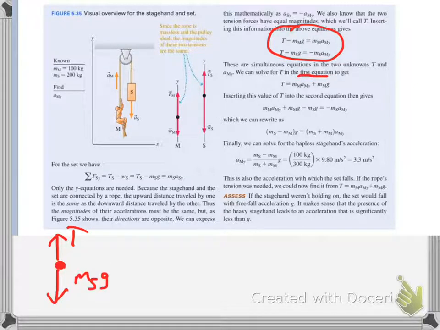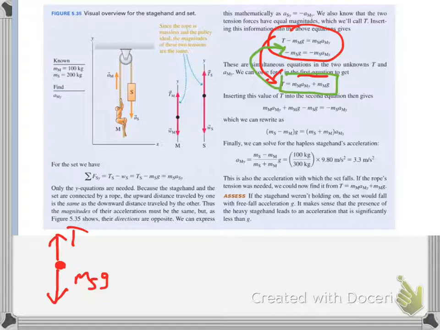All they do from here to here is add the mass of the man times g, so its weight, to the right hand side. So this is just an example of substitution. This right here is going to be inputted to there for T.